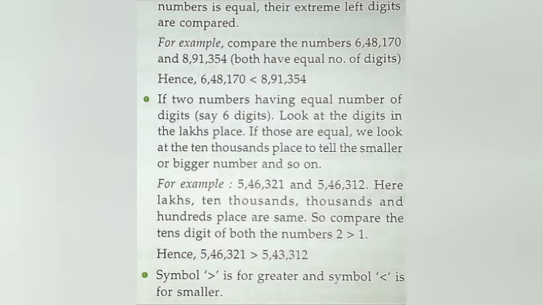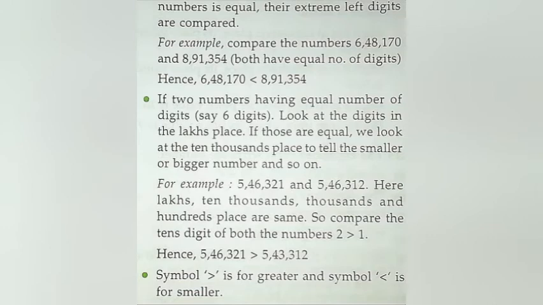The 10 lakhs, lakhs, thousands and hundreds are the same, like 5 lakhs, 46,000 and 300 in both figures. So compare the tens digit of both figures. Now we have to come to the next digit. 2 is in the tens place in the first figure, and in the second figure 1 is in the tens place. So 2 is bigger than 1.